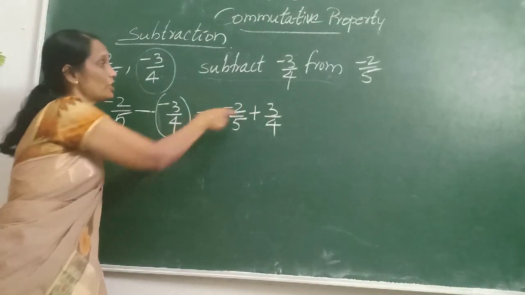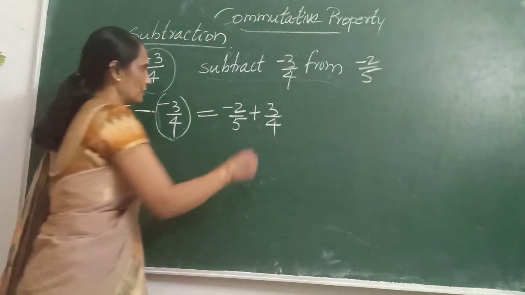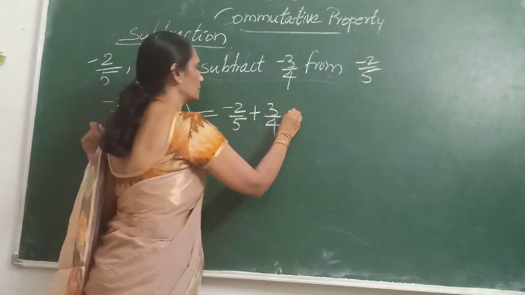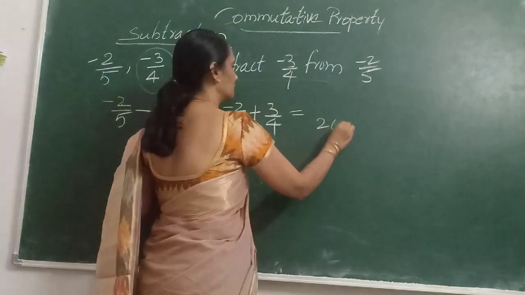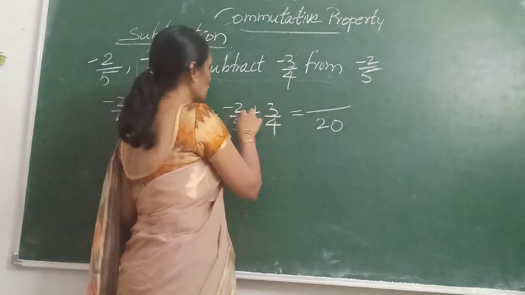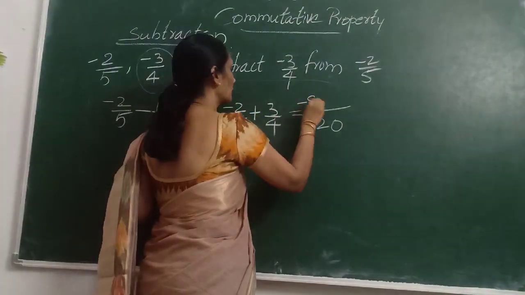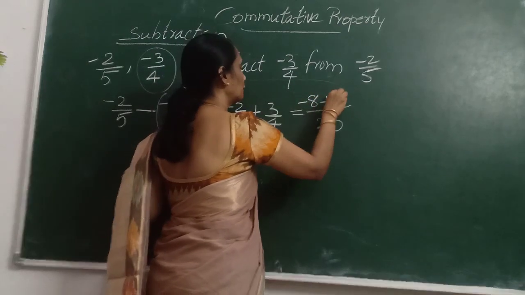A subtraction question changes to an addition question. See, this is equal to 5 fours 20. Cross multiplication: minus 2 fours, minus 8. Plus 5 3s, 15.